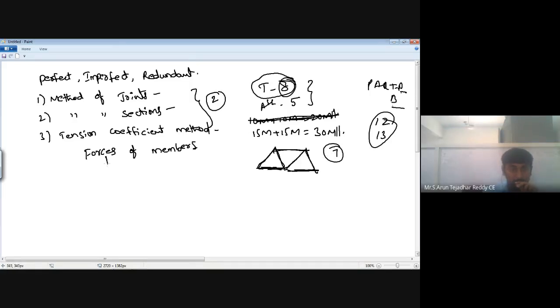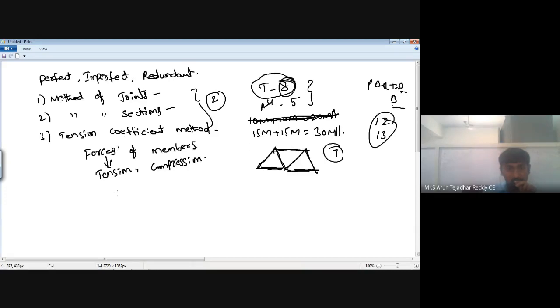Already we know which type of forces we need to calculate here. One is tension force, the second is compression force. In the first year, first or second semester, you have already studied finding the forces in all members.